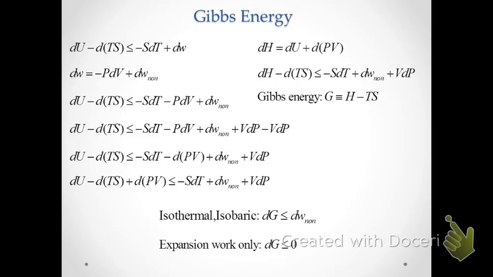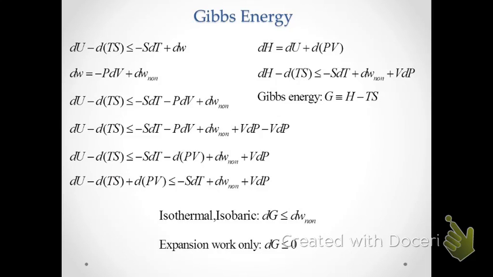And of course, if we have expansion work only, that means delta G is going to be less than or equal to 0. Now, the key here is that just as was the case for the Helmholtz energy, which we discussed in the previous video, the Gibbs energy derivation here is also based on the second law of thermodynamics, which includes the universe.